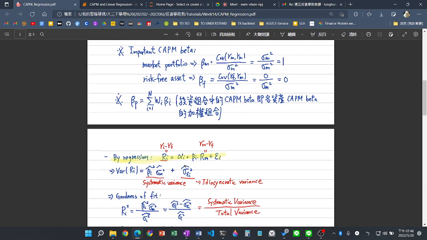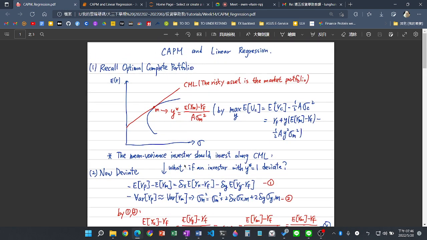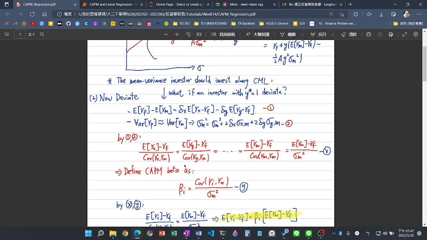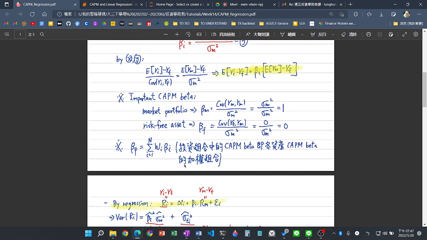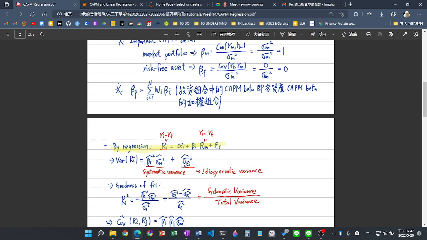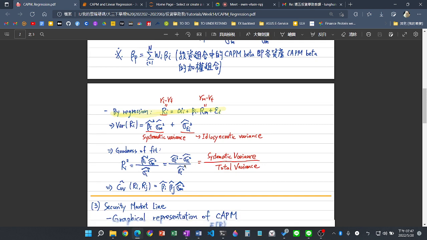So we quickly went through what the CAPM is and how we derive it, then introduced some important CAPM betas, and lastly some econometric formulas.